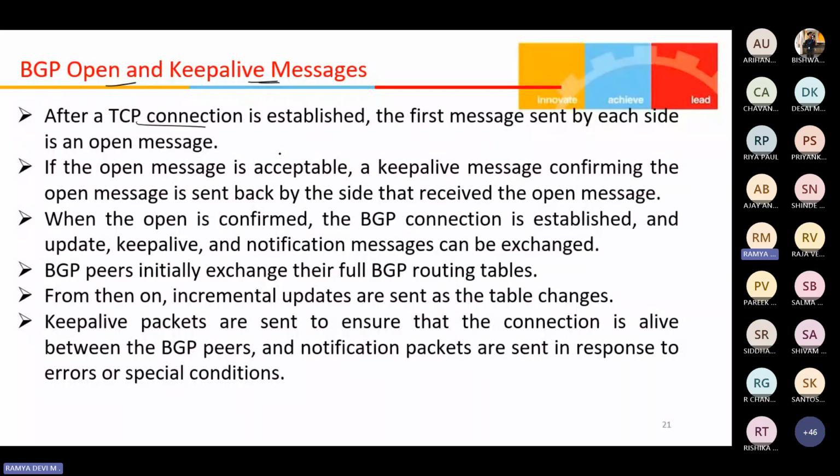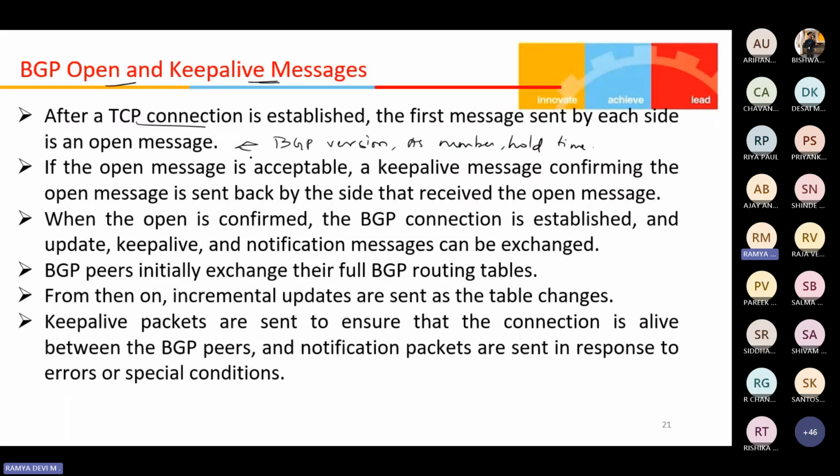The first BGP message will be sent only after the TCP connection is established. The open message will have information like the BGP version, the AS number, and the hold time. It can even include optional parameters as well.